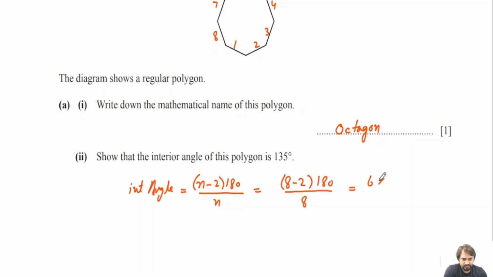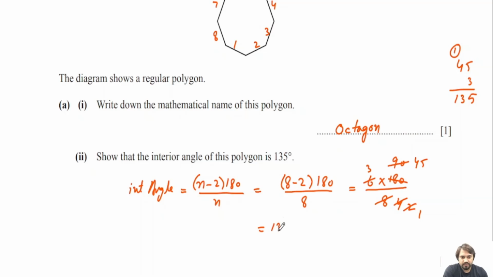This will be 6 times 180 divided by 8. Now simplify it. Now we multiply 45 by 3. We have 135 degrees.